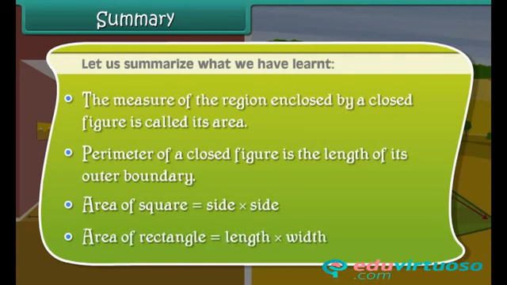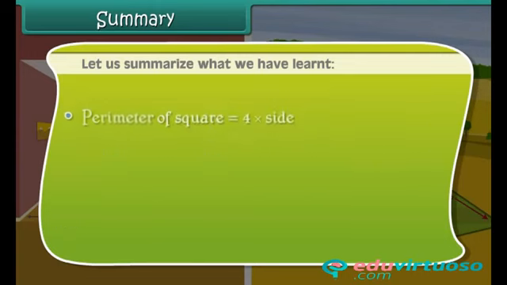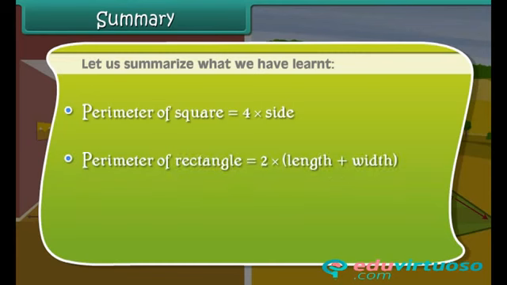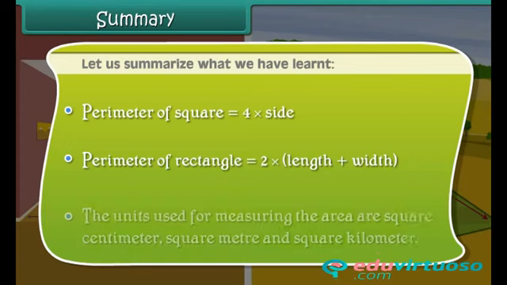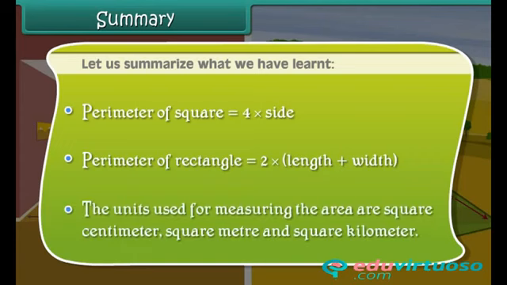Area of rectangle is equal to length into width. Perimeter of square is equal to 4 into side. Perimeter of rectangle is equal to 2 into within bracket length plus width. The units used for measuring the area are square centimeter, square meter, and square kilometer.